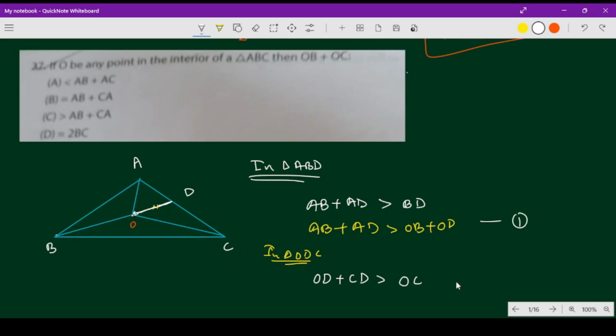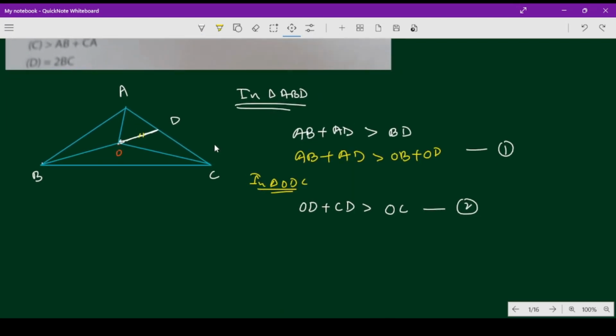If we are adding these inequalities, then on the left we'll have AB plus AD from the first inequality and OD plus CD, and on the right we have OB plus OD plus OC.